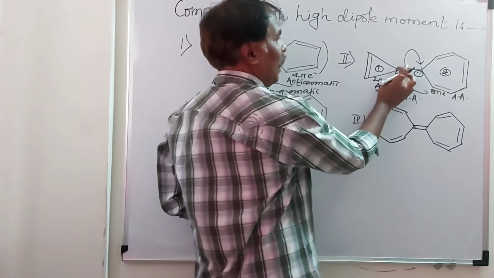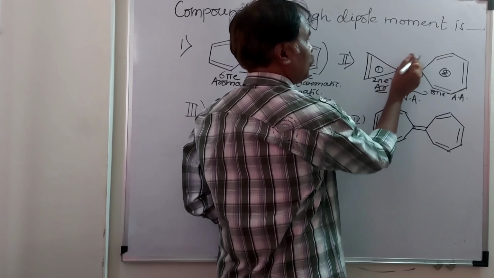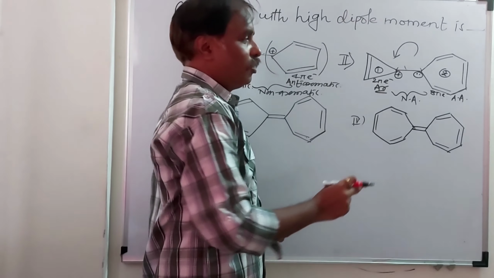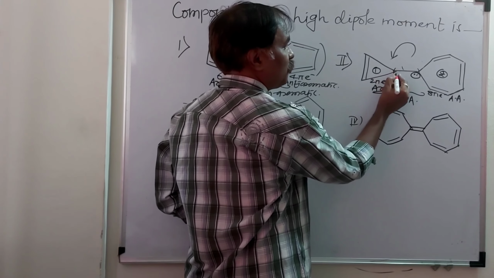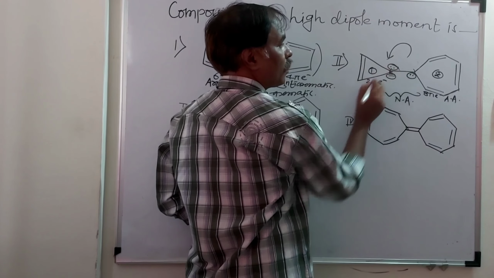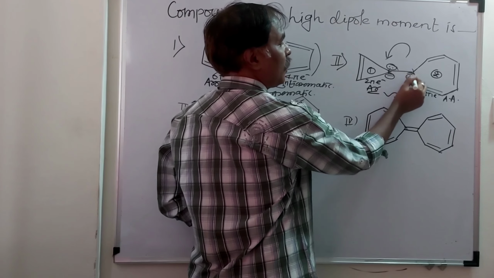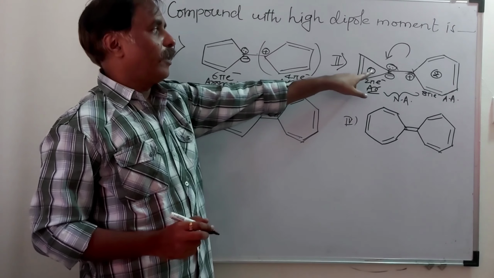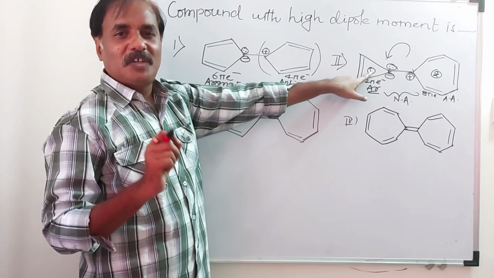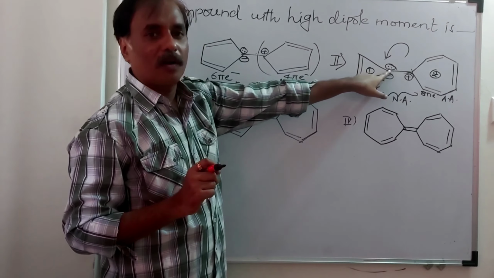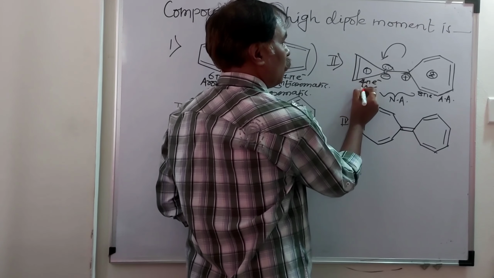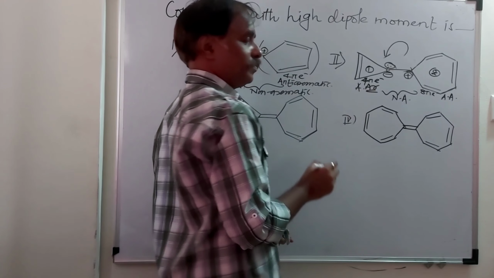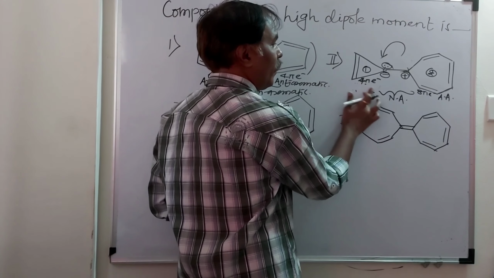Suppose we break a pi bond in this fashion, like this. So this carbon will acquire a negative charge and this will acquire a positive charge. Take ring number 1. How many pi electrons are there? 2 plus 2, 4. Here 4 electrons, and this will be anti-aromatic.